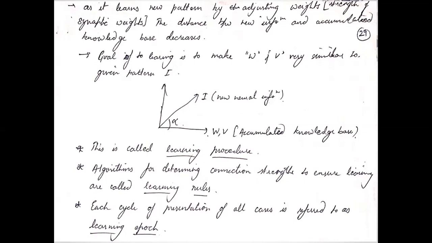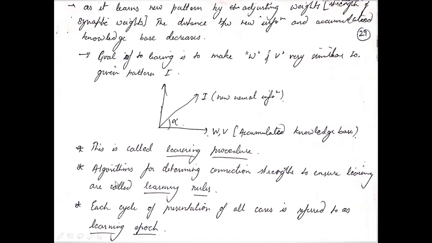They are adjusted so as to decrease the distance between the new information and the accumulated knowledge base. What is accumulated knowledge base? That is W and V. And when we say that training has been completed, that means the similarity between the input vector I and the accumulated knowledge base has been increased and the distance has been decreased.